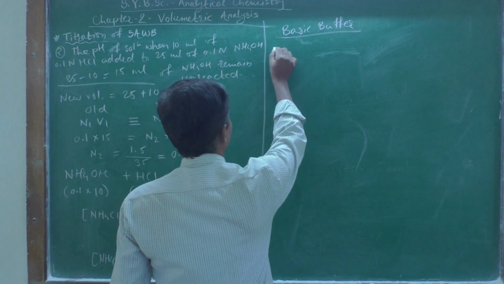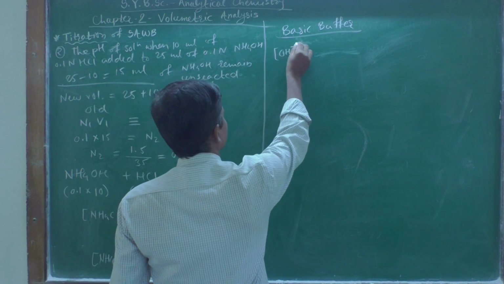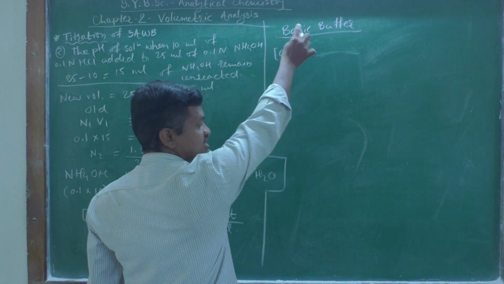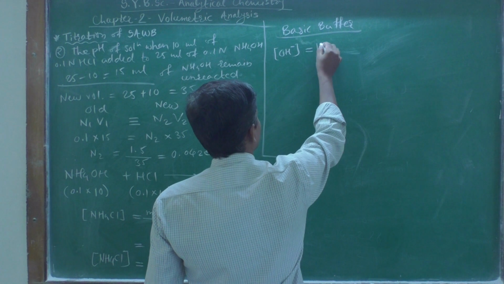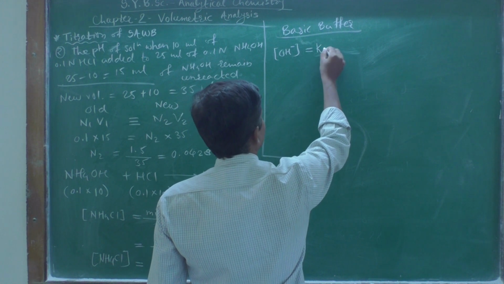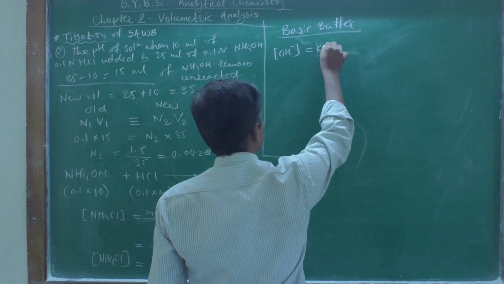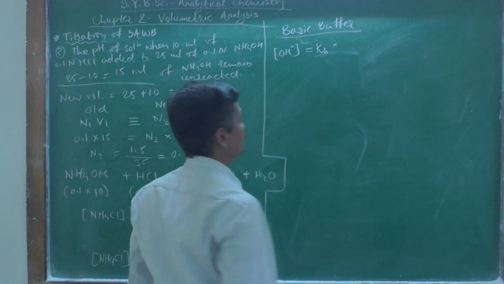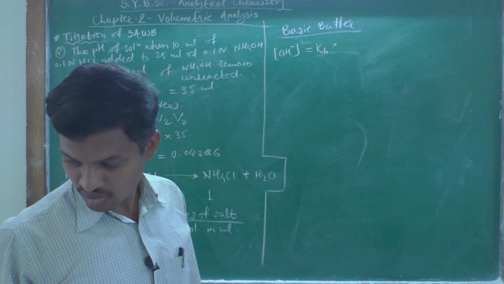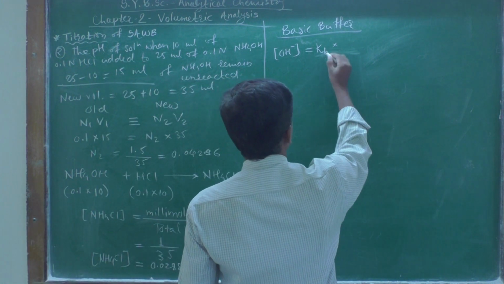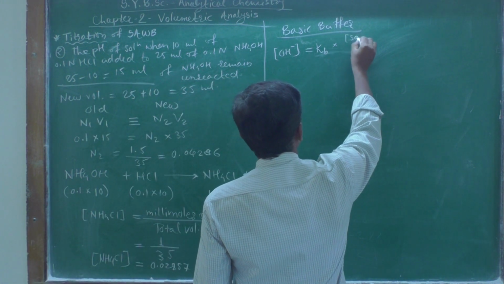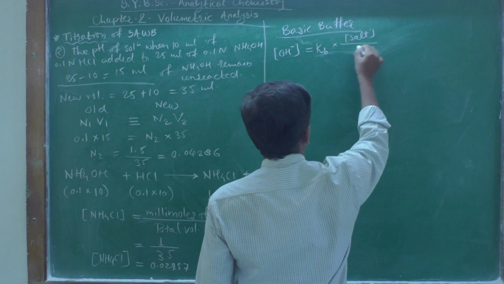It can be calculated by using the formula: OH- equals Kb into concentration of salt divided by concentration of base.